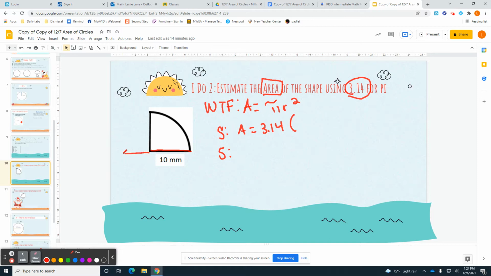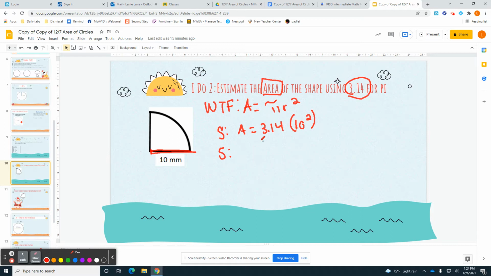If I have two pieces of these, you see how it would make a circle or a semicircle. So all the way across would be my diameter, but I have a quarter of a circle, so that gives me my radius. I'm going to go ahead and erase this. My radius is 10, so you're going to have 10 squared.